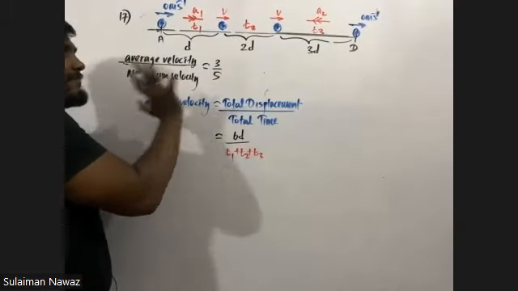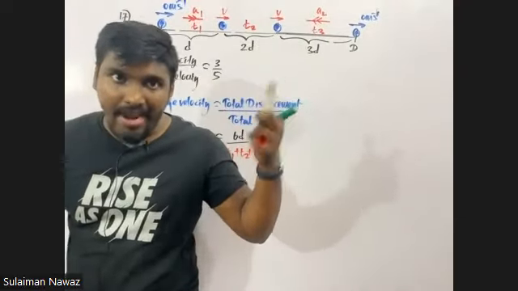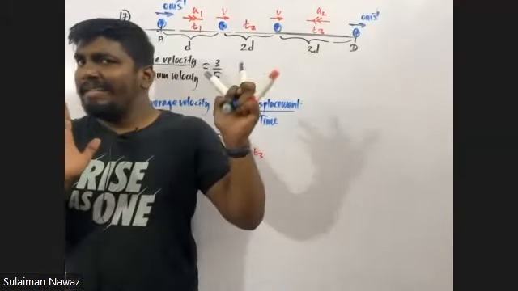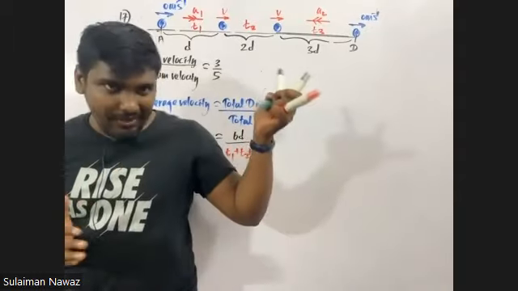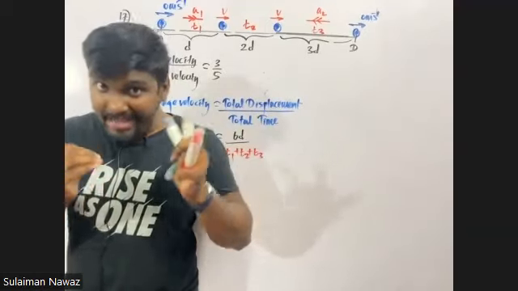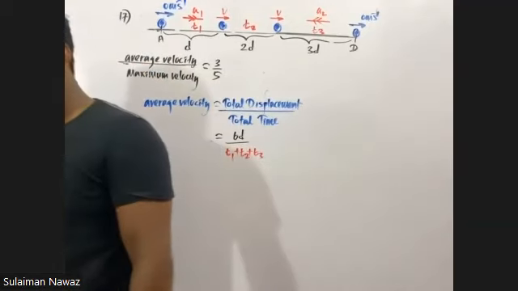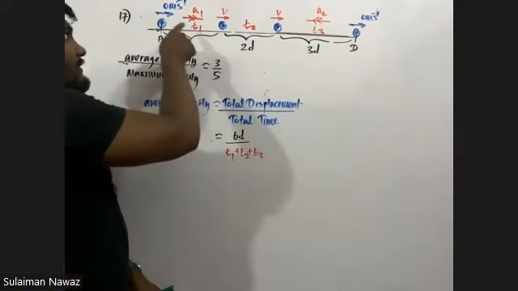Now this is the average velocity. Someone tell me what is the maximum velocity? Leave a reply. Whatever variables I defined, based on those, tell me the maximum velocity of this motion. See what happened to the velocity?